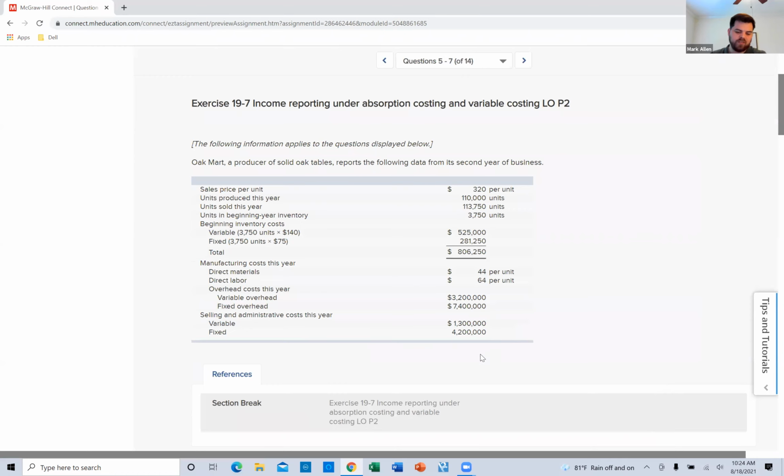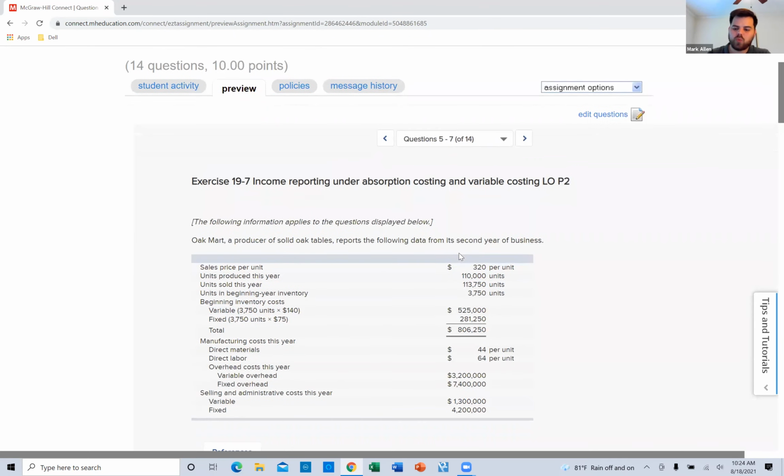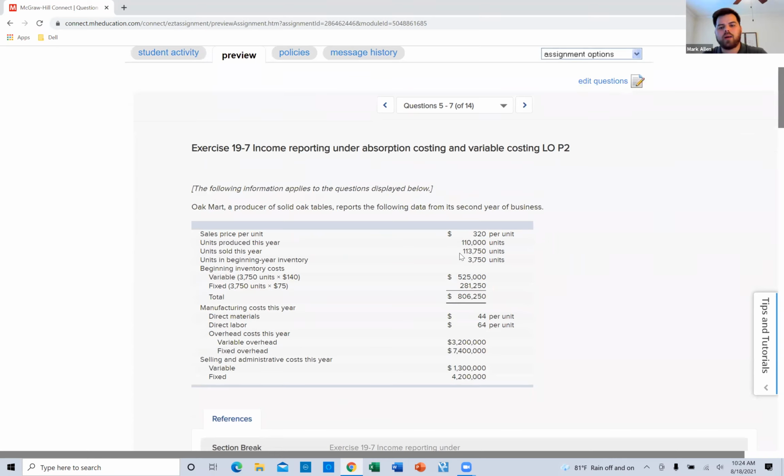Now, number 5. Here in number 5, 6, and 7, we're going to run through with this one set of data, and then we're probably going to go ahead and stop this video. Even if it's not quite as long as I initially thought, I think I do like the idea of just taking a break in the middle of this one, to give us all a spot to refresh, reset, and then begin again on the second half.